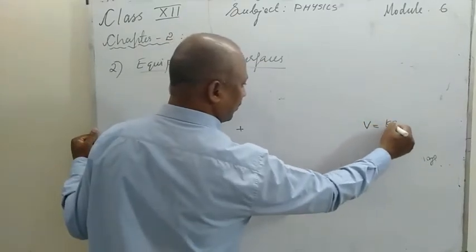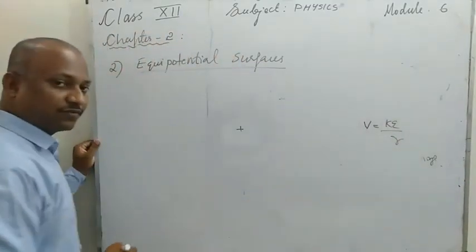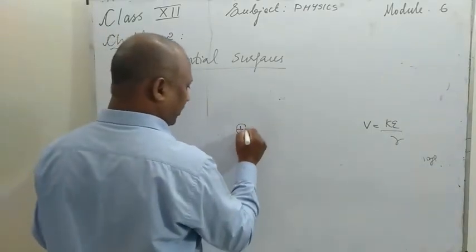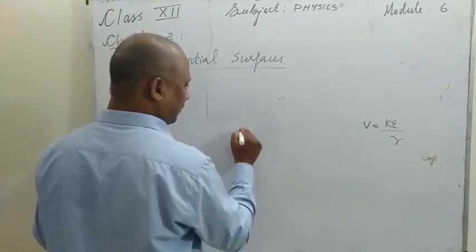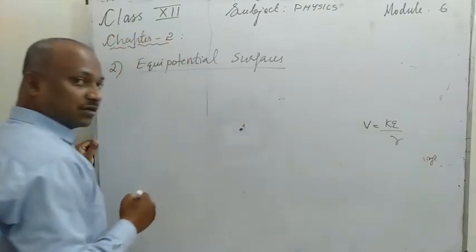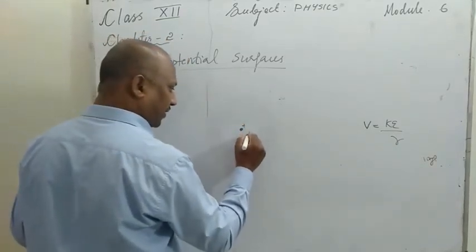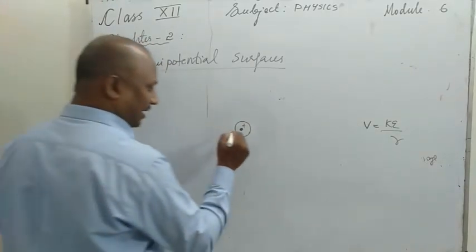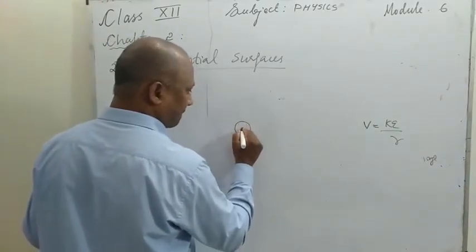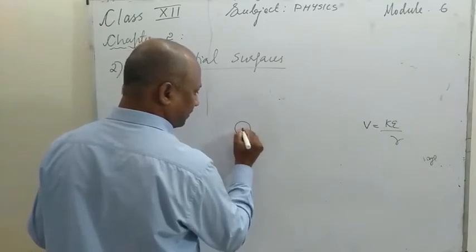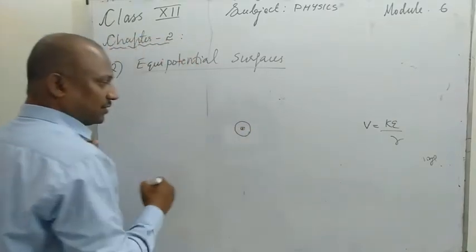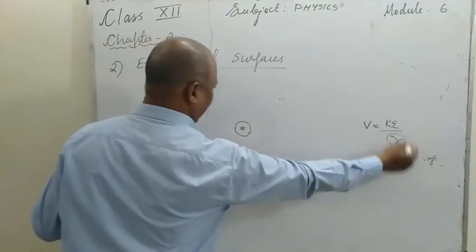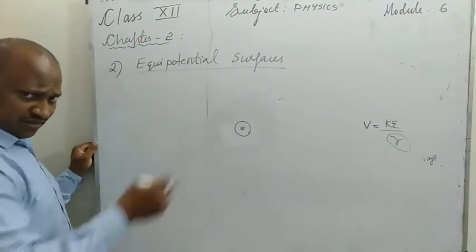V is equal to KQ upon R. That's the formula we learned earlier. So if this is a point positive charge and you make an equipotential surface, it will have a spherical symmetry, because at this sphere, from every point you can see it will be at a distance r only, because the radius is the same. So same potential.